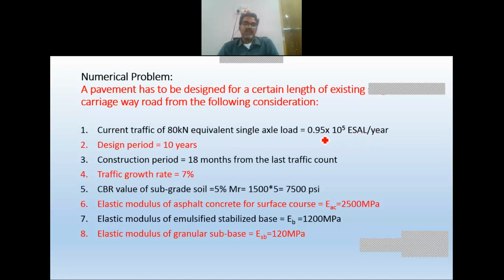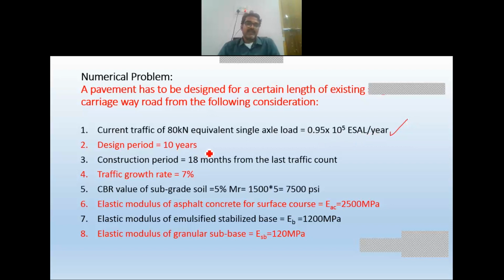So annual traffic is already given as the annual traffic intensity. But usually the traffic is given in terms of commercial vehicle volume, maybe 2,500 commercial vehicles per day. Knowing the commercial vehicle traffic, we can multiply it by 365 to get the annual traffic intensity. But here it is directly given as 0.95 into 10 power 5 equivalent single axle load per year.